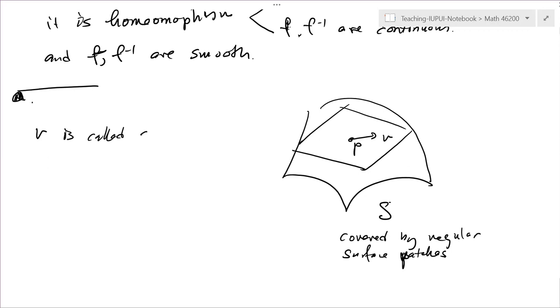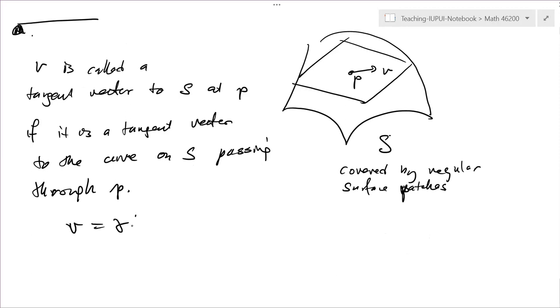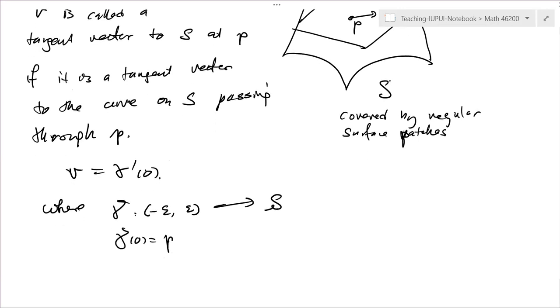V is called a tangent vector to the surface S at the point P if it is a tangent vector to a curve on the surface passing through P. Namely, V is going to be gamma prime 0, where gamma is from a small neighborhood to the surface, such that gamma 0 is the point P.